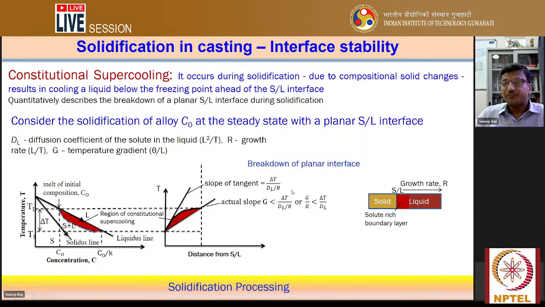That means if the G by R value is low as compared to delta T by DL, then the planar interface will break down and convert to a cellular interface, and gradually the dendritic interface will form. This depends on the growth rate, the temperature gradient, and delta T, the range between the solidus and liquidus temperature, and DL is the diffusion coefficient of the solute in the liquid for this particular alloy system.